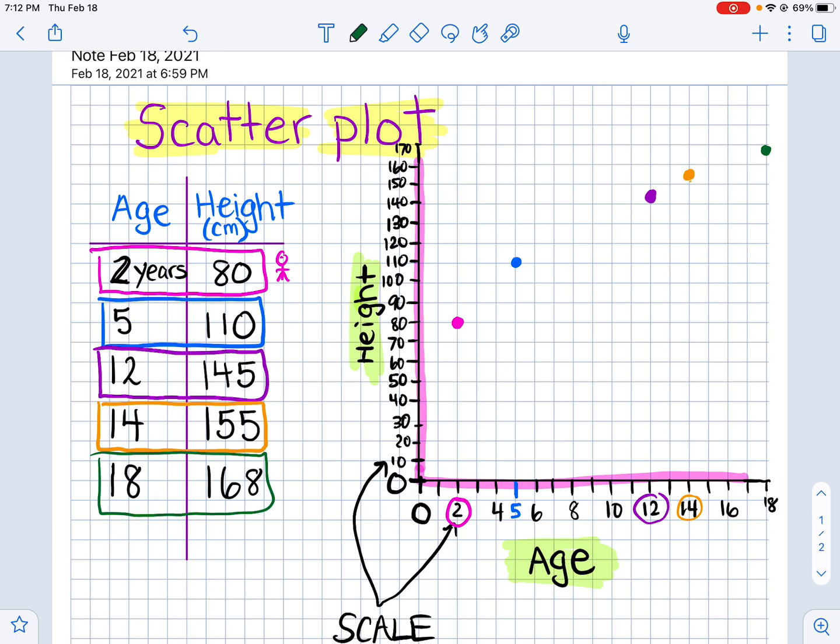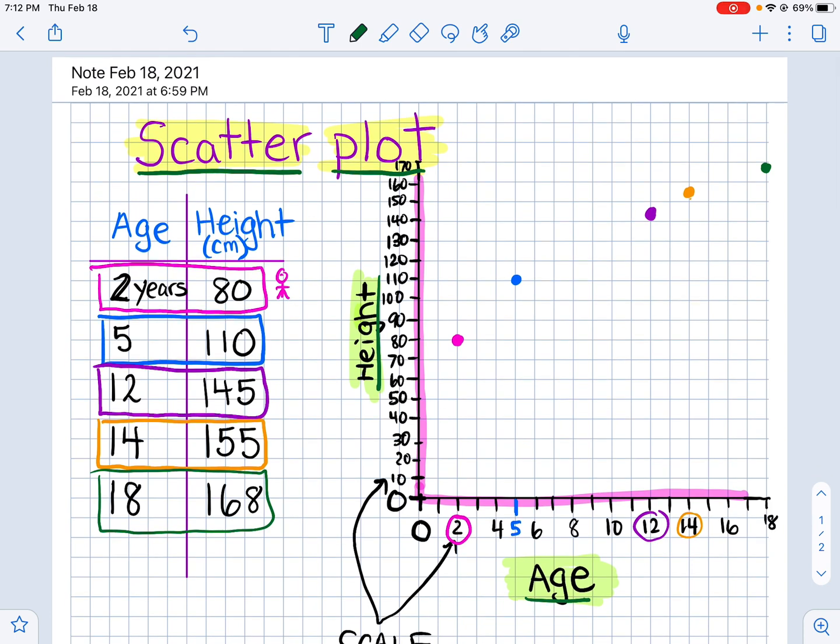That's called a scatter plot. You can graph two things, like age and height, and put all these points on the graph. So these are called points. And then we can see as you get older, you get taller.